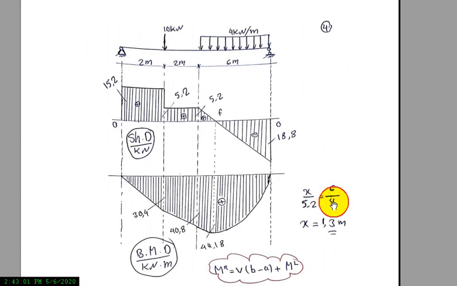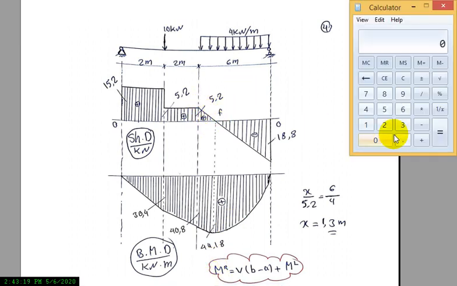Sorry, it was written too small; this was written incorrectly, it's actually 24. Then we find the value of x. X equals 1.3 meters.